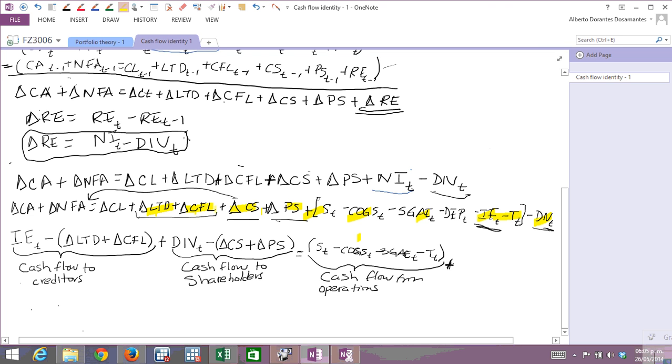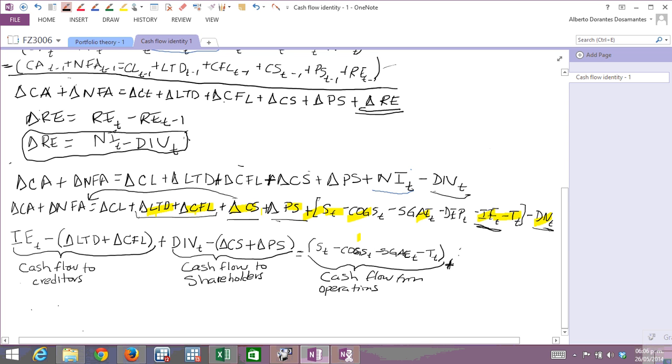Then I only end up having few terms. Okay, which are those terms? Those terms are basically current assets, that is in the left hand side, and current liability.